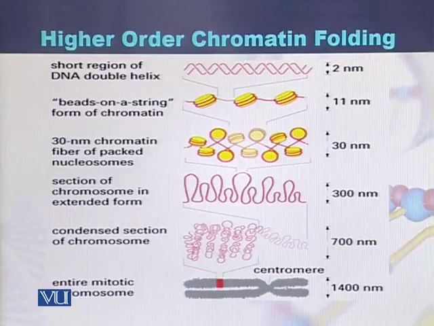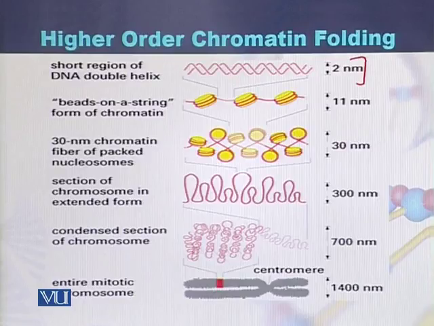But if we see in detail how DNA is converted into the chromosomes, there are different levels of the packaging. This is the first level, where the diameter of the DNA is 2 nanometer.